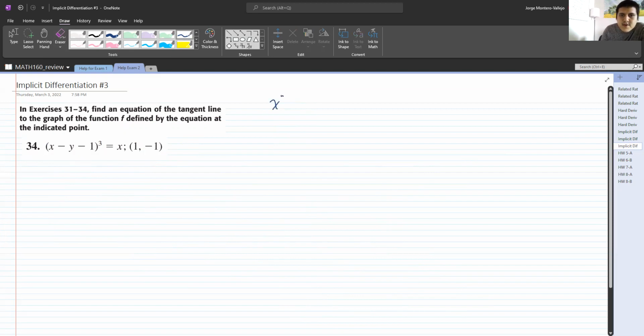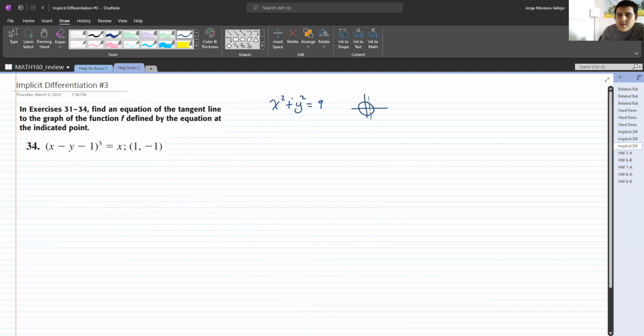Because x squared plus y squared equals 9 is the circle of radius 3 with center at (0, 0), right? And that is not a function, because when you do the vertical line test on it, you cross it twice, right? So this equation over here has this curve, but doesn't represent a function.